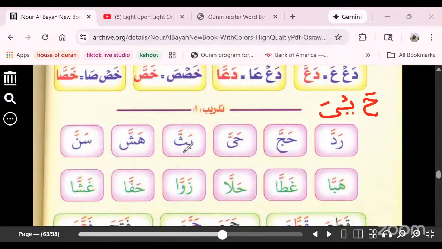You freeze on the sukun part, then you connect it to the haraka part. Batha. Okay.